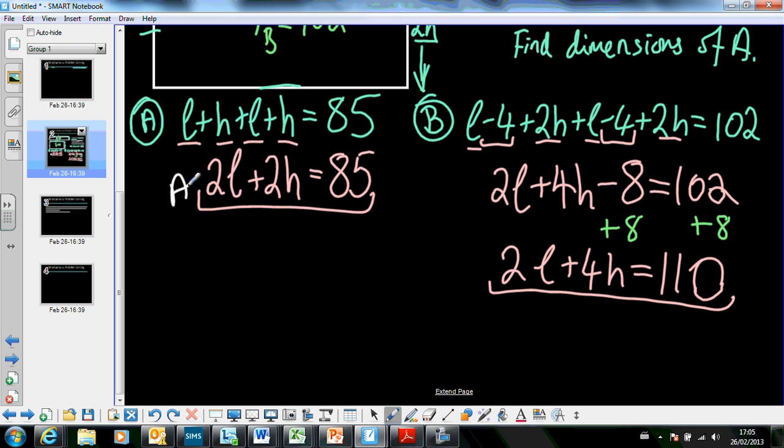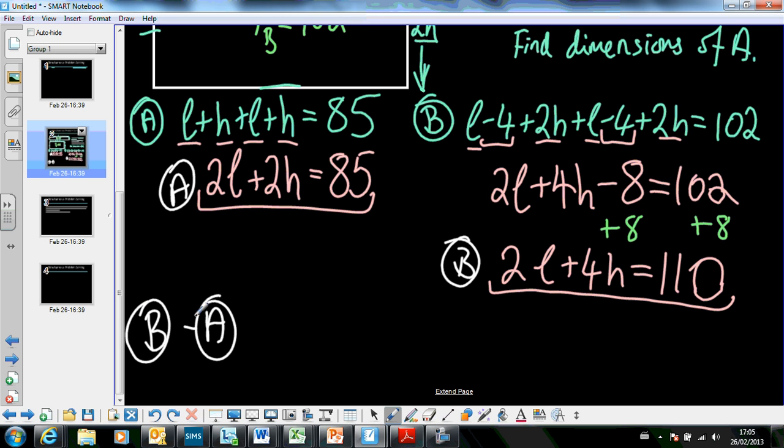So I'm going to call this equation A and this equation B, and I'm going to do B subtract A, which will give me, well, that'll get rid of the L's, won't it? 2L minus 2L cancels. 4H minus 2H makes 2H is equal to 110 minus 85, which is, calculator at the ready, 25.